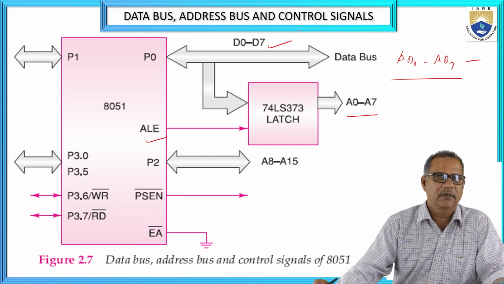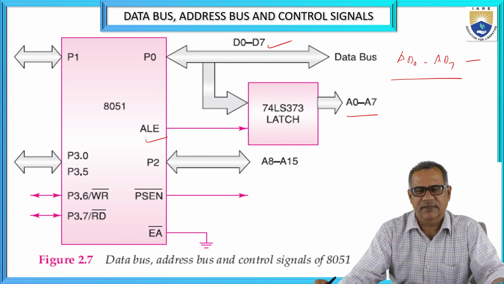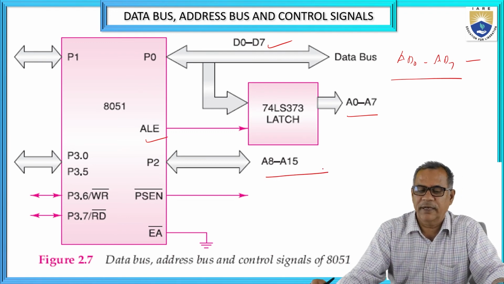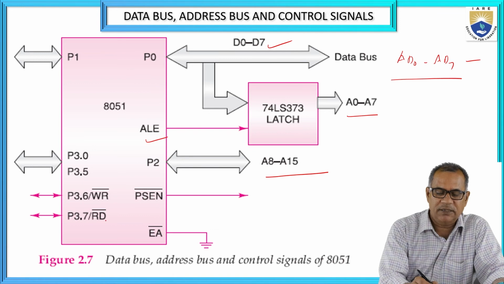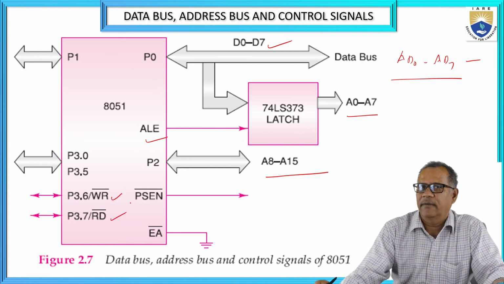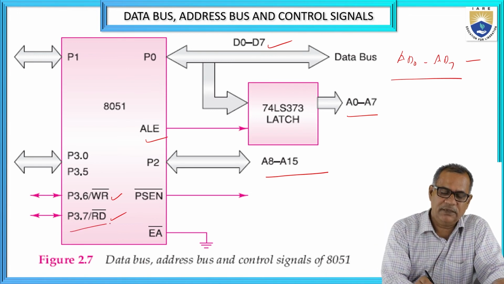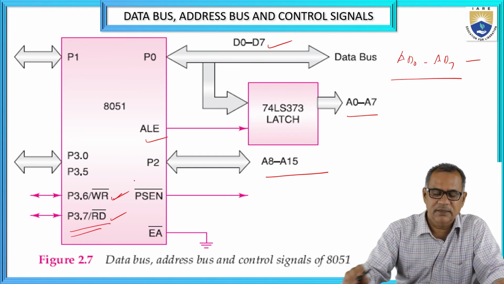And P2, of course, provides only the higher byte of the address, that is A8 to A15. So, this is how the data bus, address bus and control signals are used in the 8051 microcontroller. And P3.6 and P3.7 are the write bar signal and read bar signal. When data has to be read from the external memory, then P3.7 is activated. When data is to be written, then the P3.6 signal is activated.